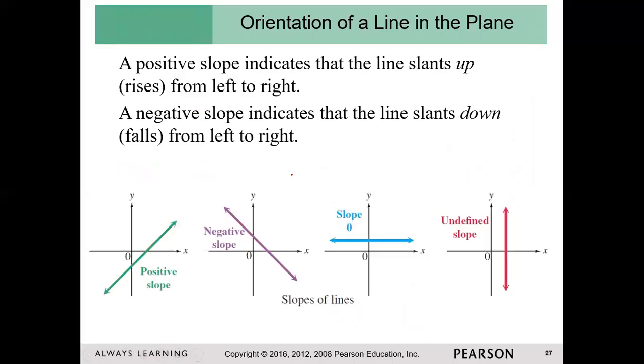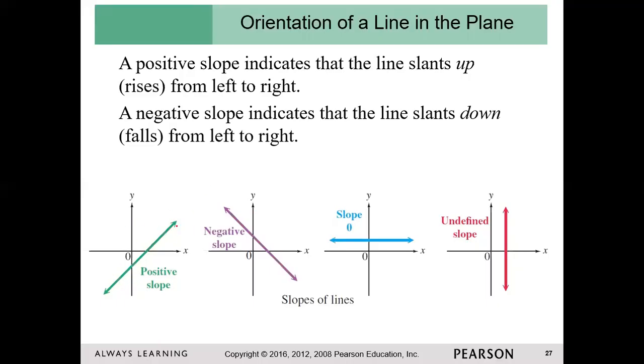So this is a nice little slide here that talks about positive slopes and negative slopes and zero slopes and undefined slopes. One of the things that you should be thinking about is before you graph these equations, if you know what the slope is, then you will know what your line should look like, which direction it should be heading in.